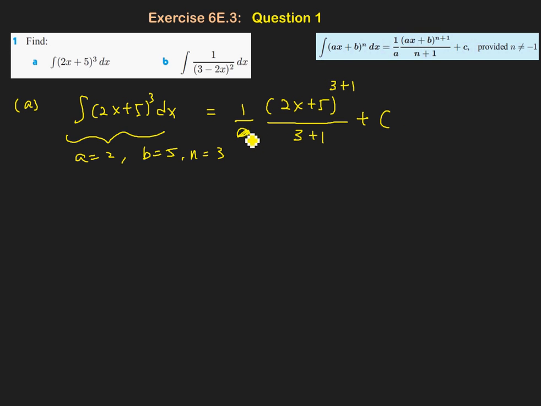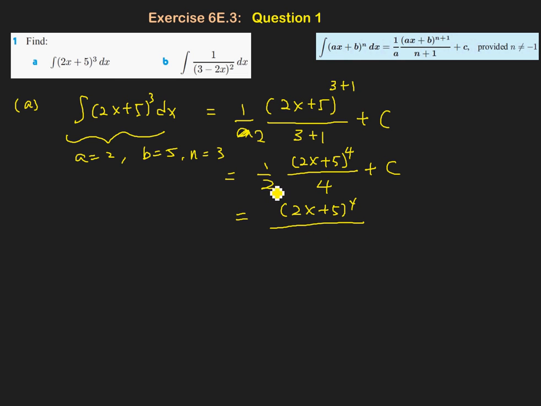We need to simplify it. We should not expand this and keep this at power 4. This is half times this rational expression, and you get 8 plus C.